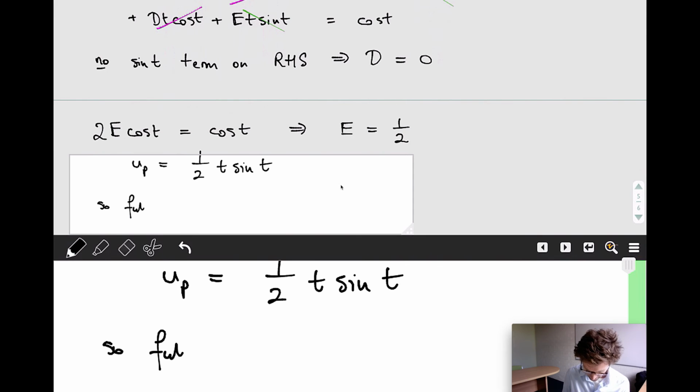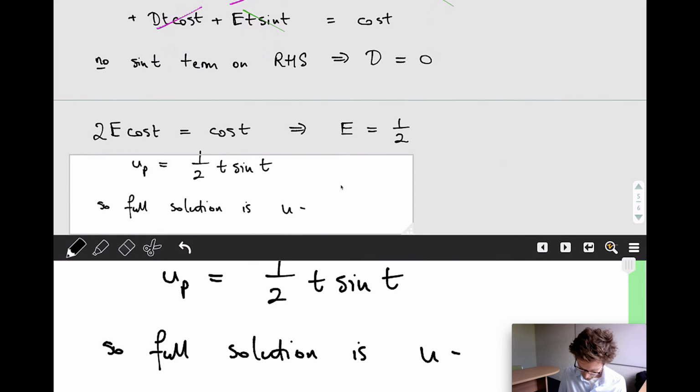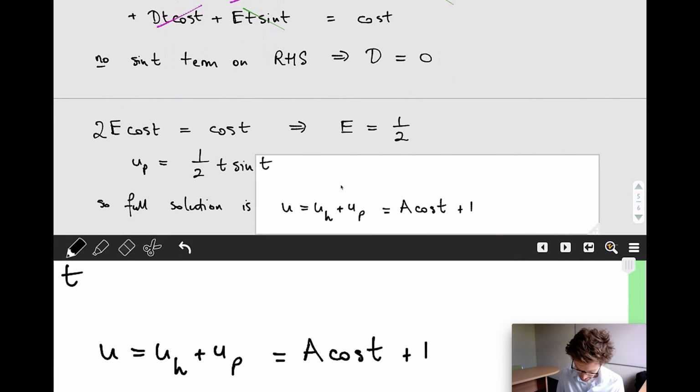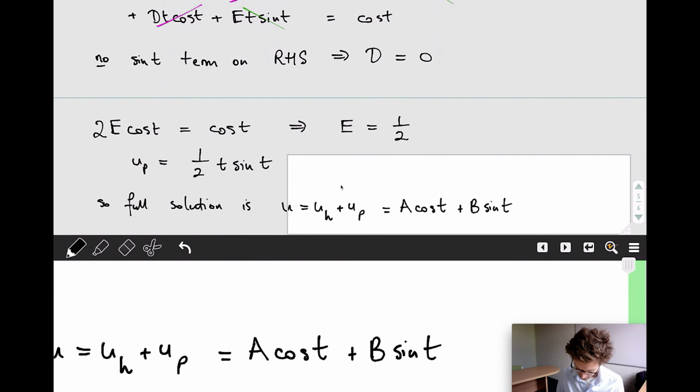And to form the full solution, I have to put back in what the homogeneous solution was. So it's the sum of the two, homogeneous plus particular, which is going to be a cosine t plus b sine t plus 1/2 t sine t.